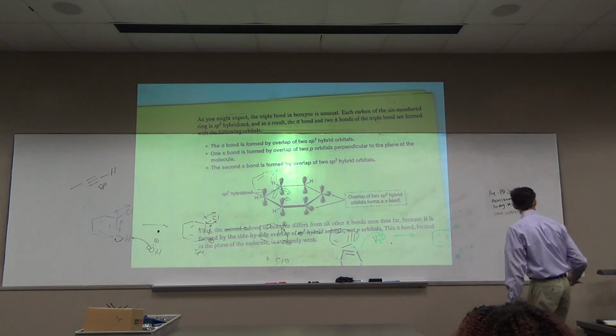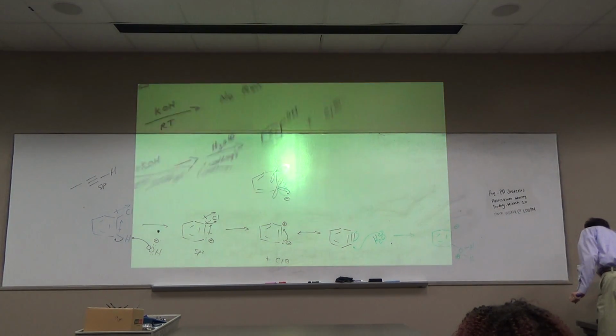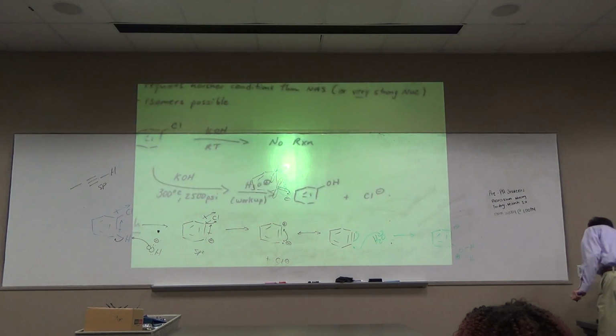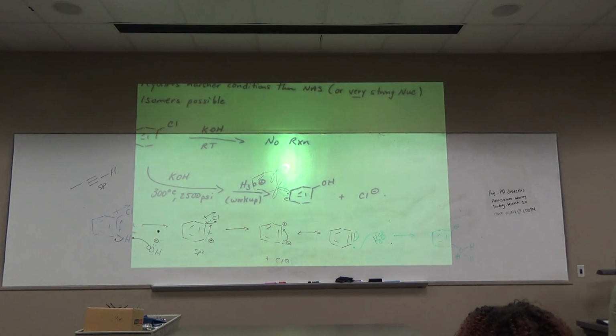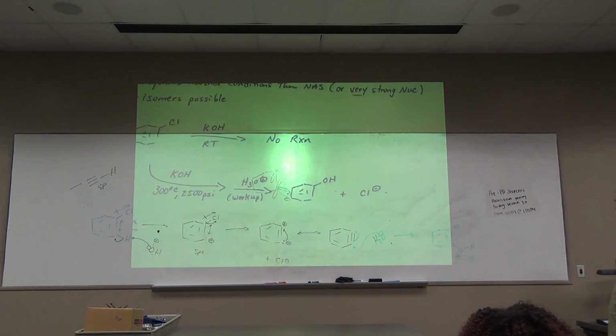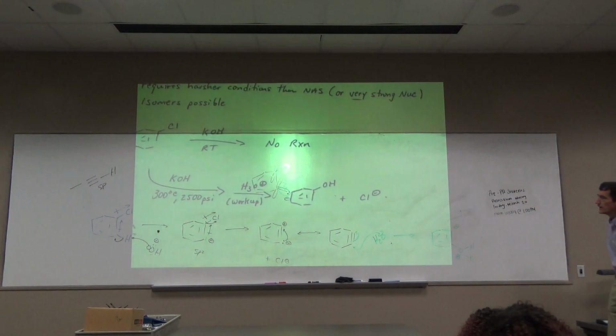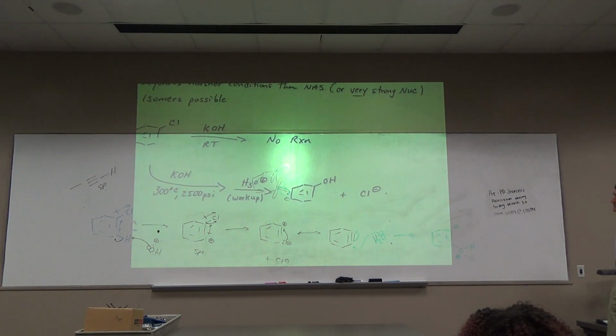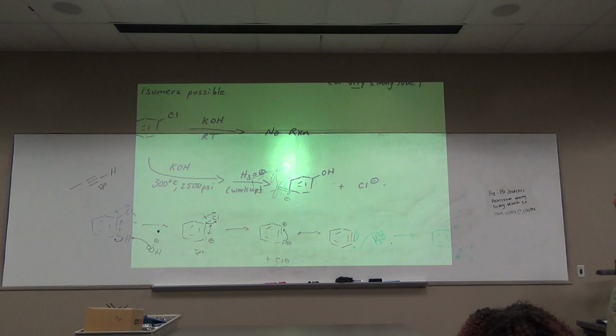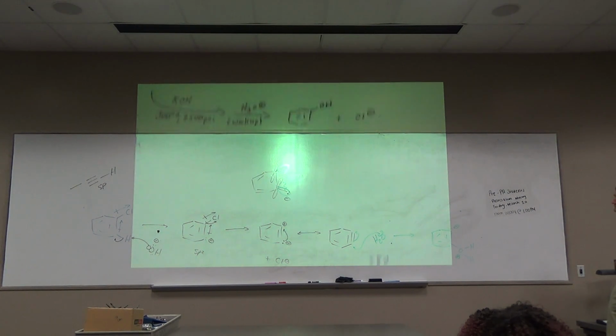The phenol is then deprotonated. Because if you knit a sweater in the pool, it's going to be wet when you're done knitting it. You're going to have to dry it. If you make an acidic compound under basic conditions, it's going to be in the basic form. We're going to have to work it up with acid to put the proton back on, and we get the phenol, OH instead of chlorine.